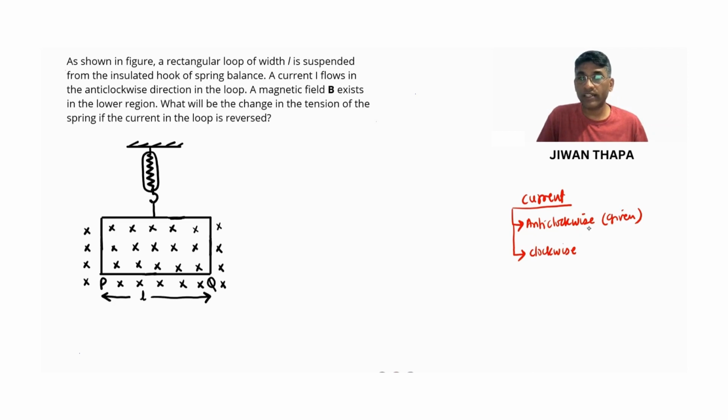So we have to find the tension in this case. Let us call the tension when current is in anti-clockwise direction T1, and let the tension when current is in clockwise direction be T2.